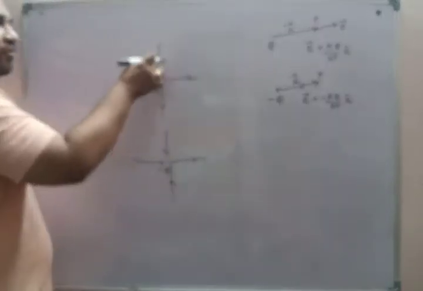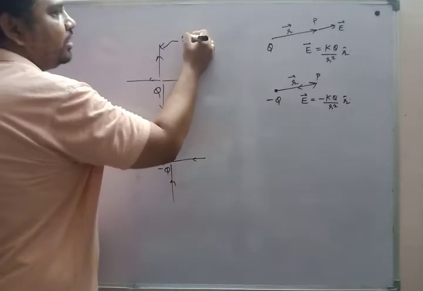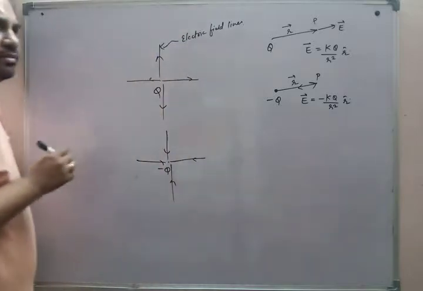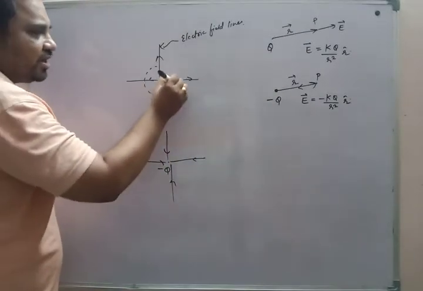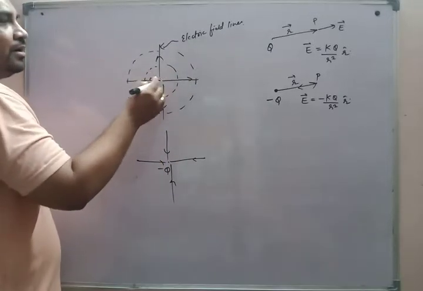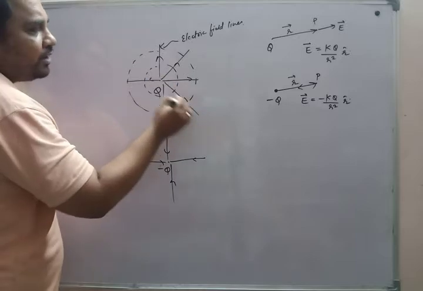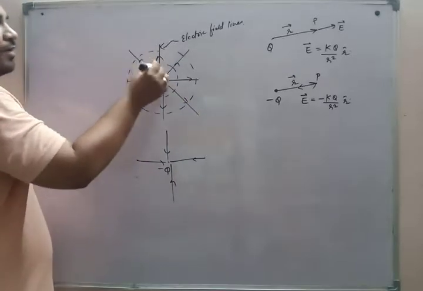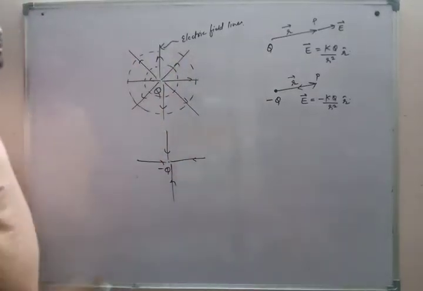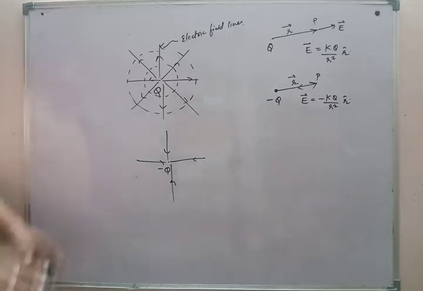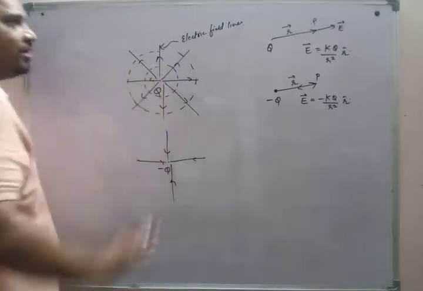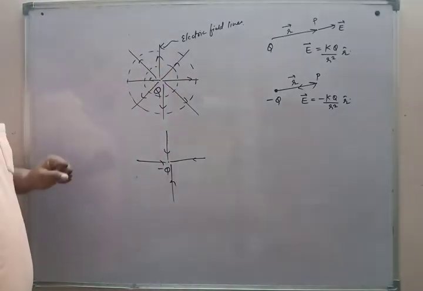These lines which I have drawn are called electric field lines. This has also been discussed. If I draw circles this way, I find that in the inner circle electric field lines are more densely placed, so in this region the electric field is stronger, and in the outer circle the lines are away from each other, so the electric field is weaker.